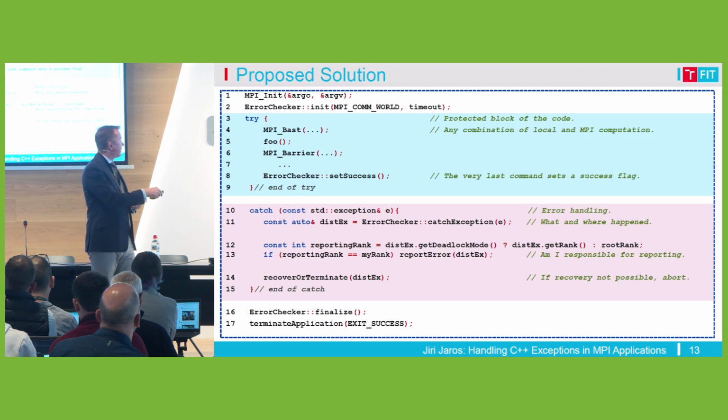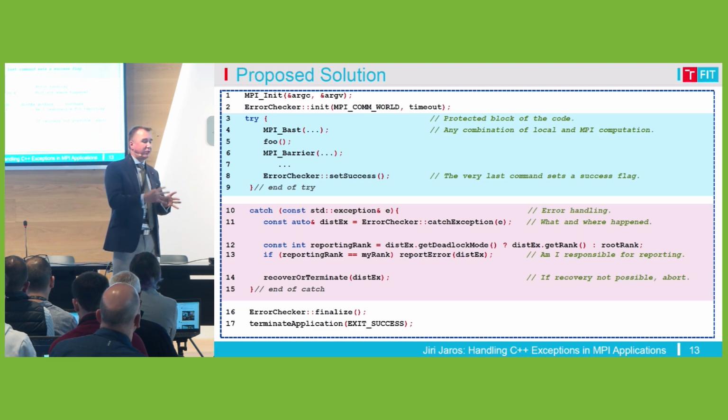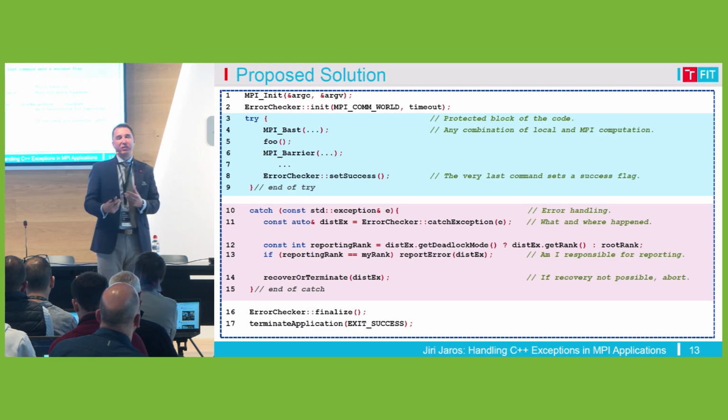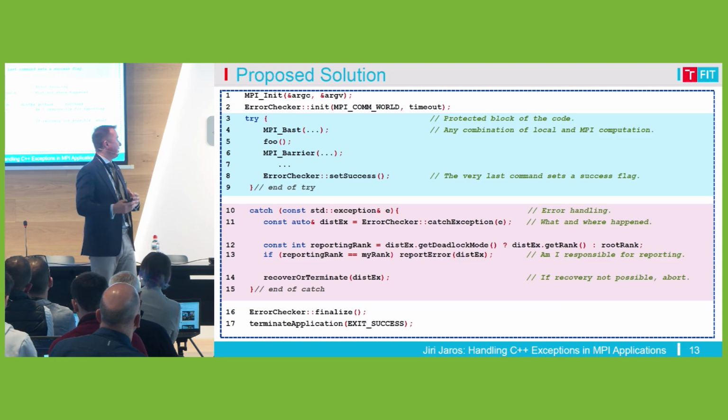So in this case, we've got this deadlock mode detection that basically says, okay, several ranks are stuck here, and we need to find out which from the alive ranks will be responsible to report the error. So this deadlock mode will tell you who will print out the error.